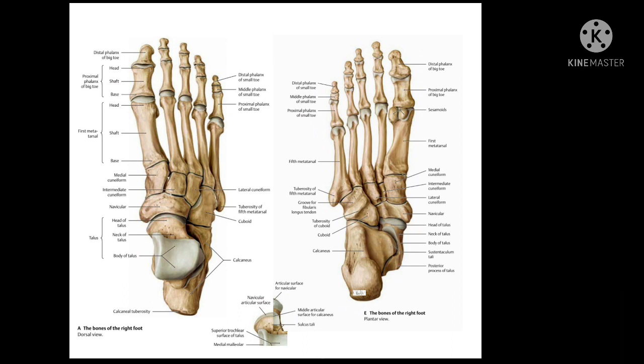So in between the 7 tarsal bones proximally and 14 phalangeal bones distally, there lie the 5 metatarsal bones which are numbered from medial to lateral, 1 to 5.